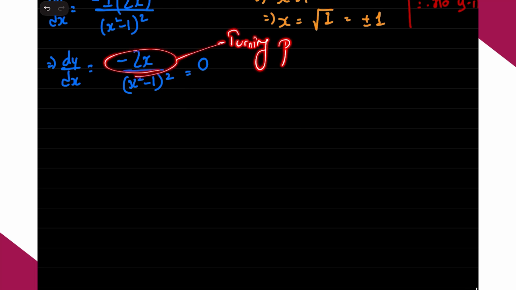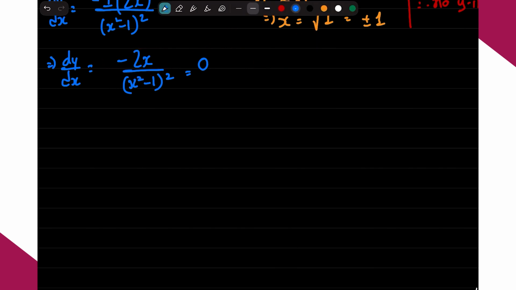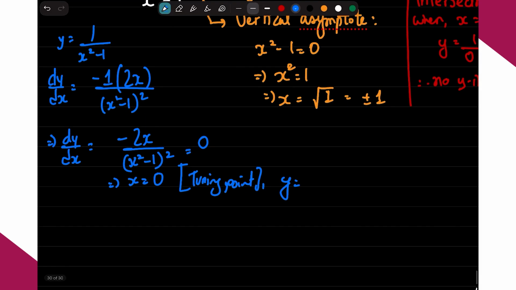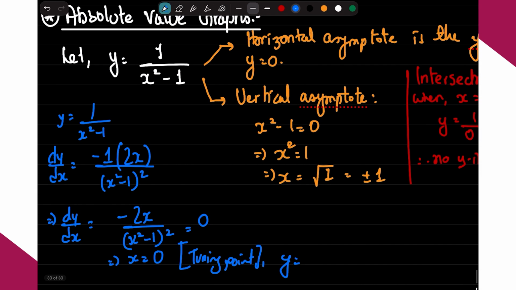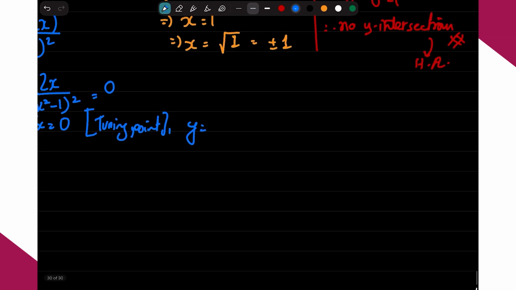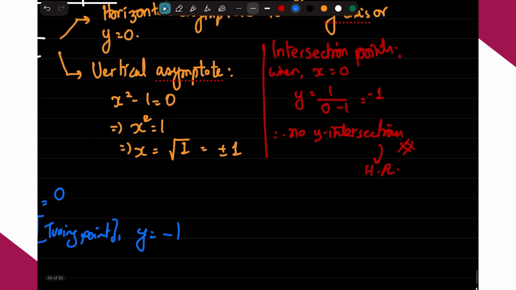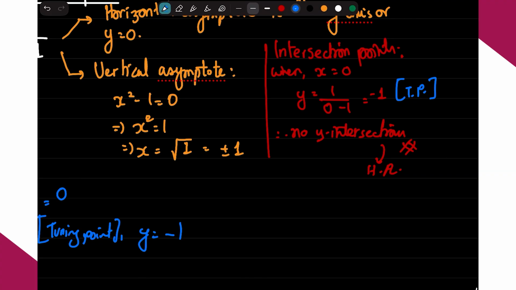We find that x equals 0 is also a turning point. Over here we already know that y has a value of, if I'm not wrong, 1, or oh, it was -1. So this is also our turning point, TP.